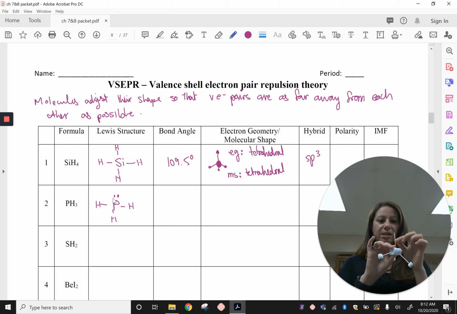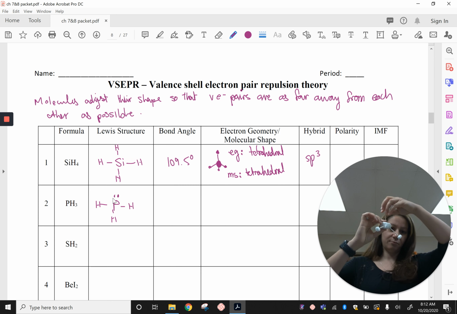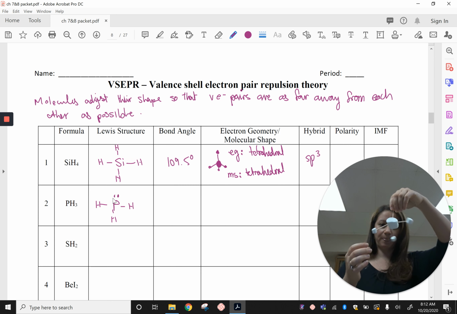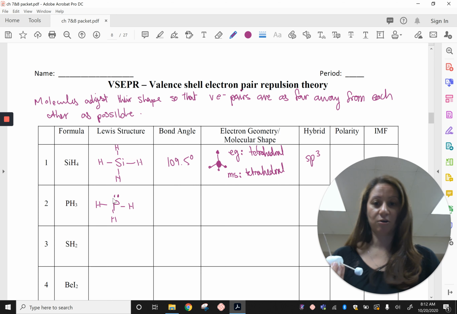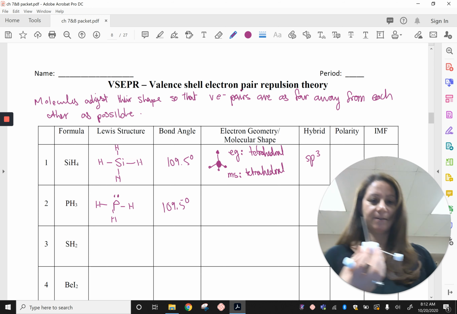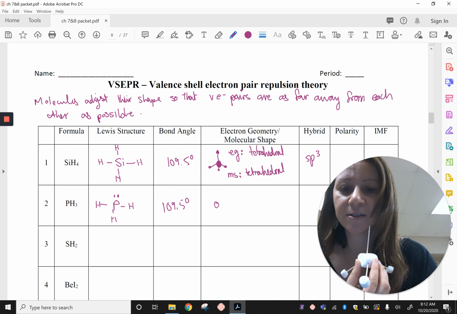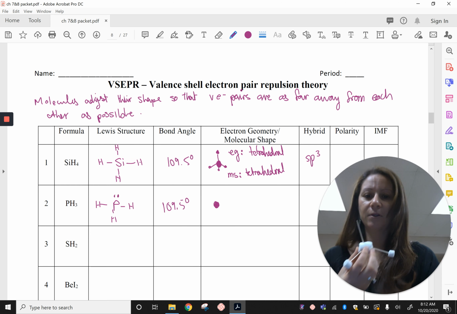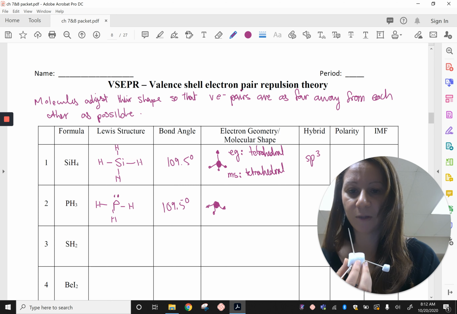We're going to keep the stick there to show us that there's still some electrons here, but those electrons are in a lone pair. So it looks like this, right? So the bond angle is still the same because there's still 4 areas of electrons. So 109.5 degrees. Now let's look at this shape. So we have a central atom, and then we have these 3 on the bottom that make the shape of a tripod.